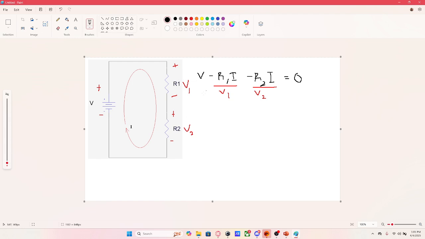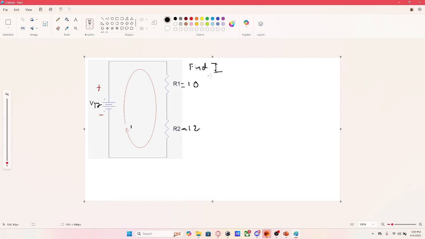For example, if a question is given, usually in this kind of question it asks us to find the value of the current. R1 is given, usually something very simple like 10 ohms, and then here we get 12 ohms.